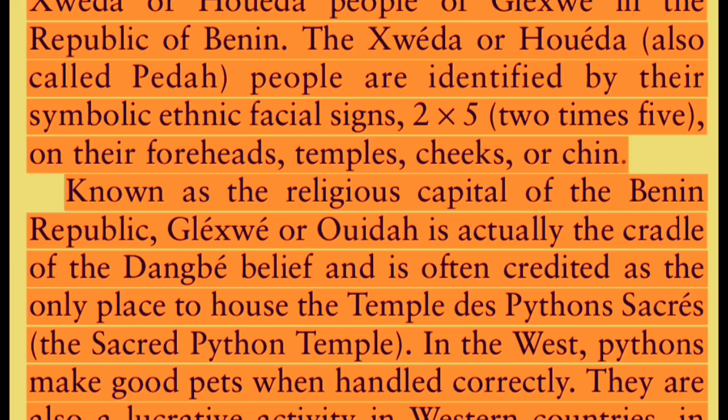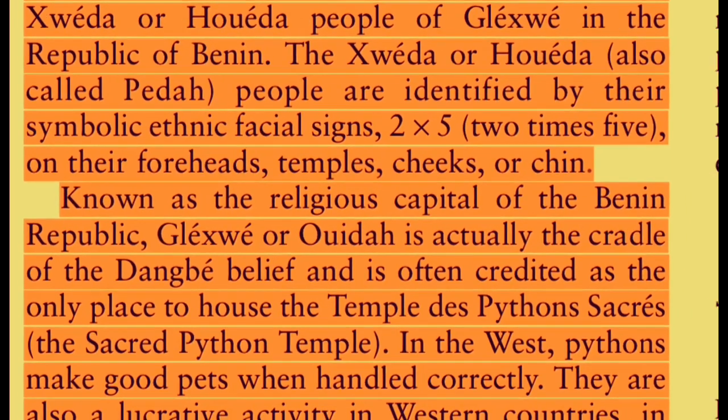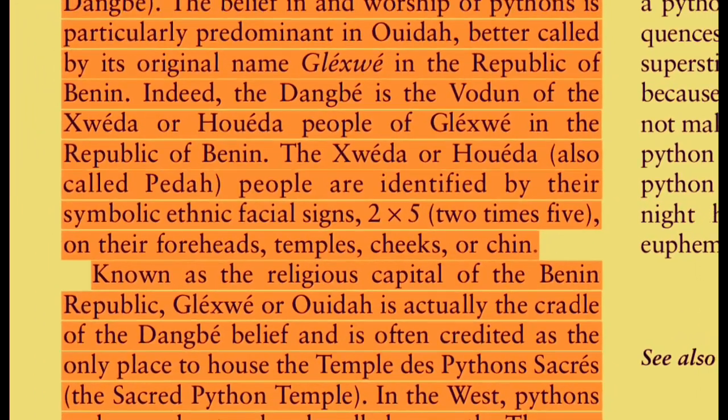Known as the religious capital of Benin, Ouidah is actually the cradle of Dangbe belief. We went through that already. I just wanted to emphasize this: facial marks, facial signs on their chin, etc.